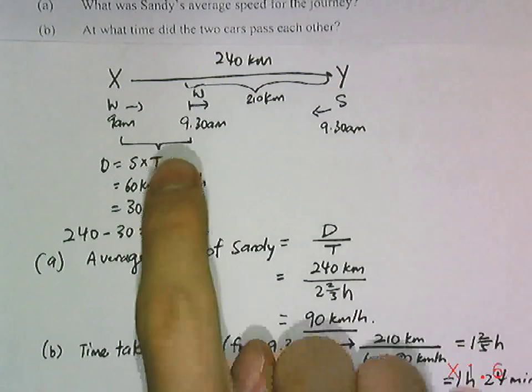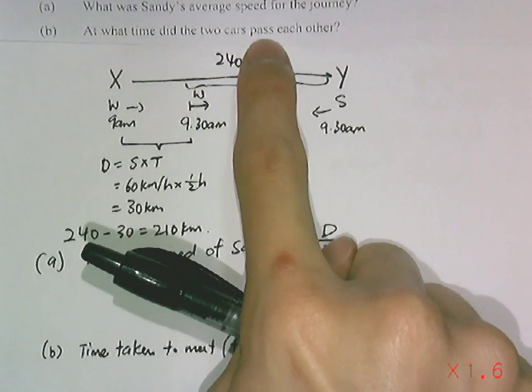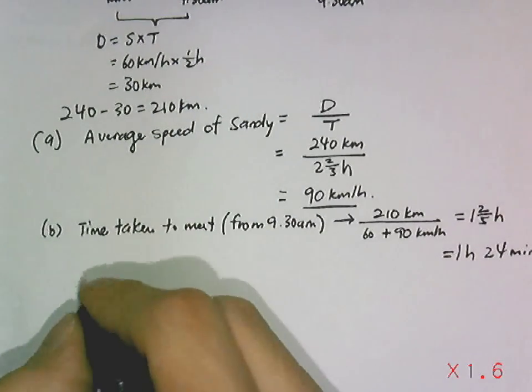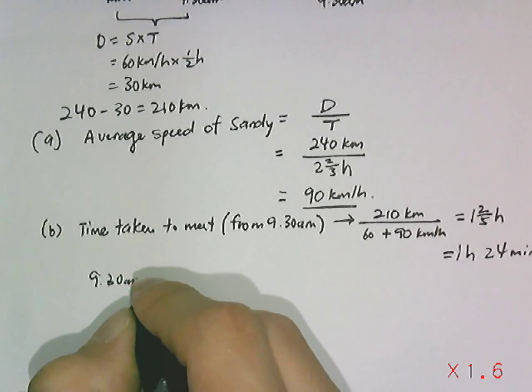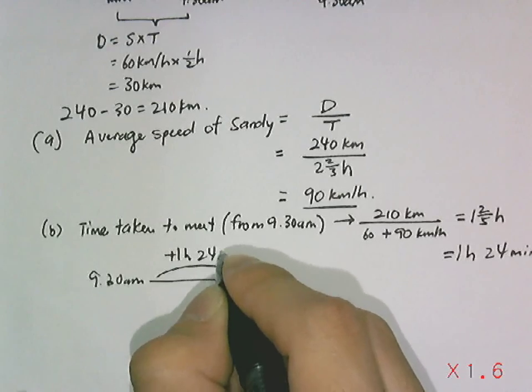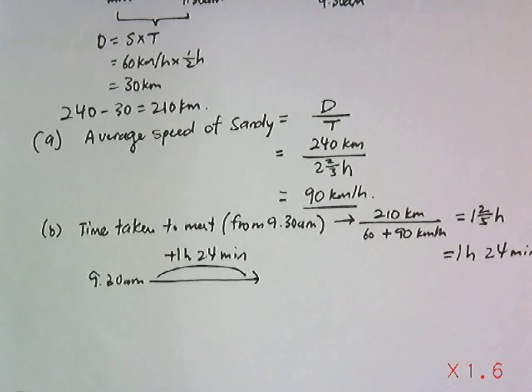So the time when they will pass each other will be after this 9:30 a.m. Simply take 9:30 plus 1 hour and 24 minutes.